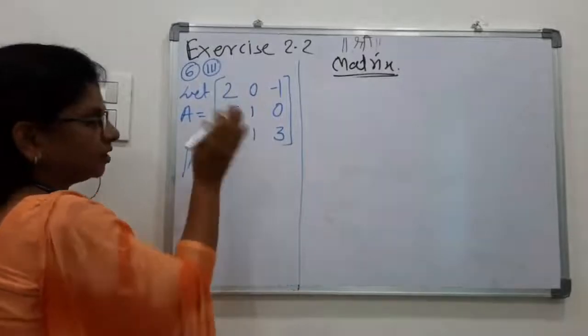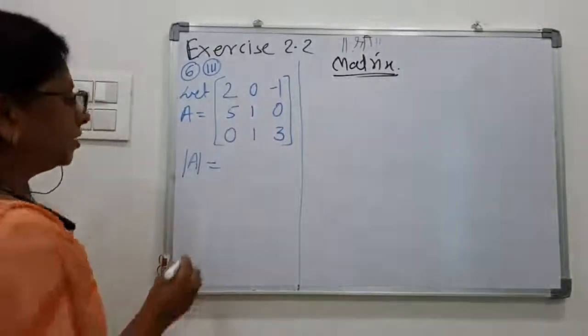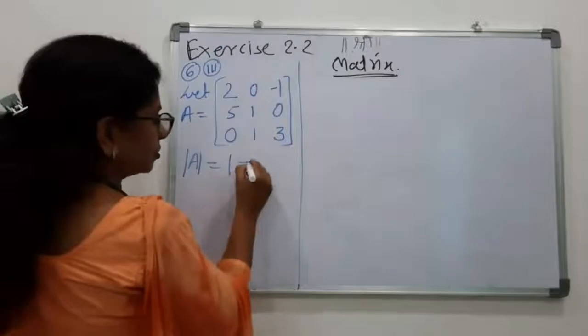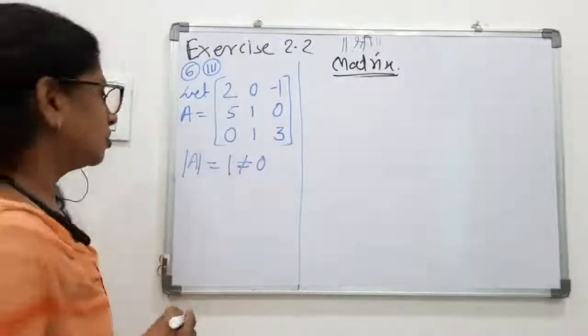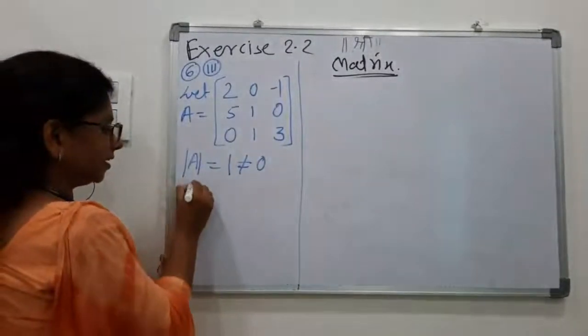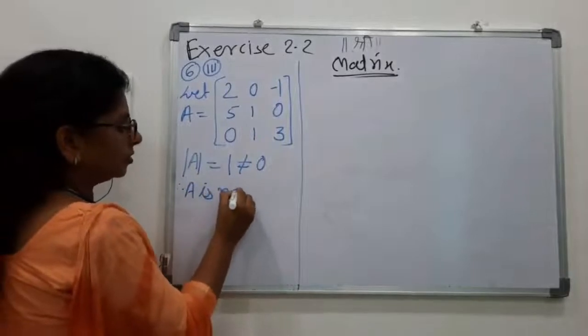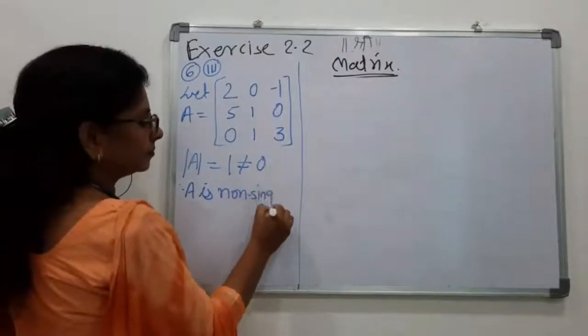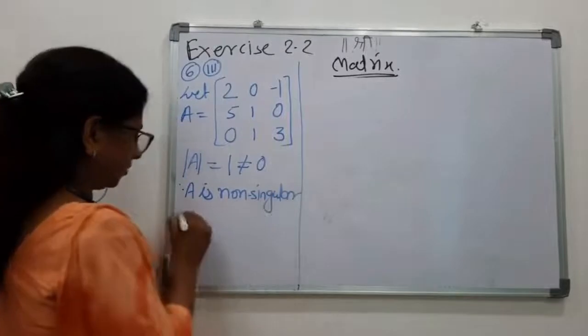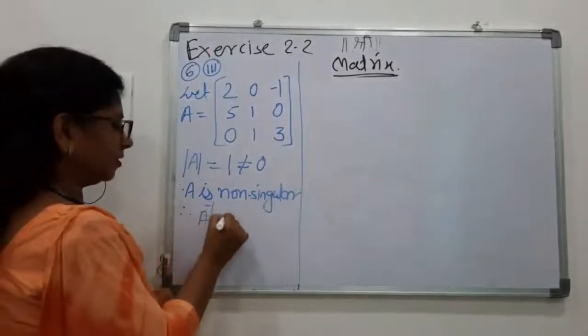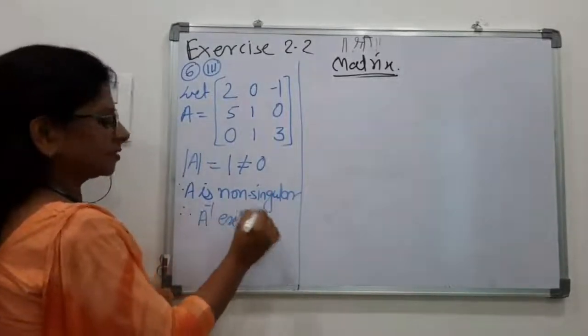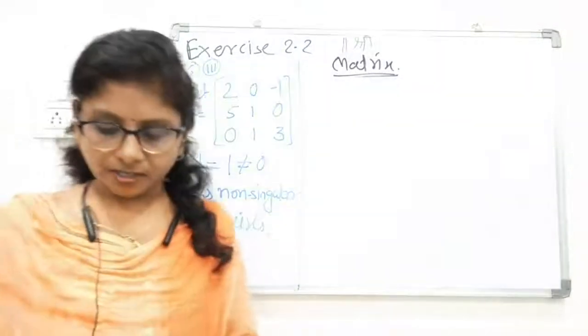If you solve this, you know how to solve now. The determinant will come 1, which is non-zero, and hence A is non-singular. Therefore, A inverse exists.